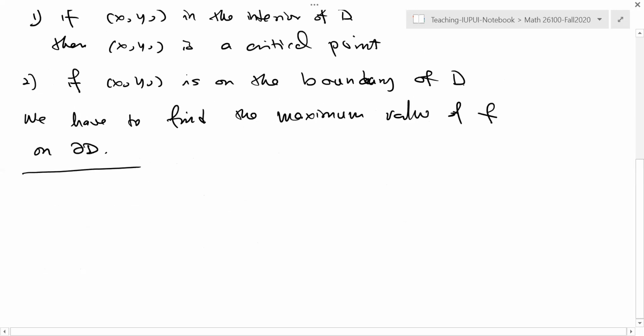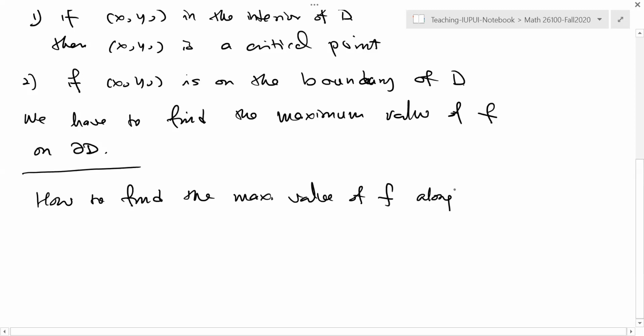How do you find the maximum value of the function along a curve in a domain?